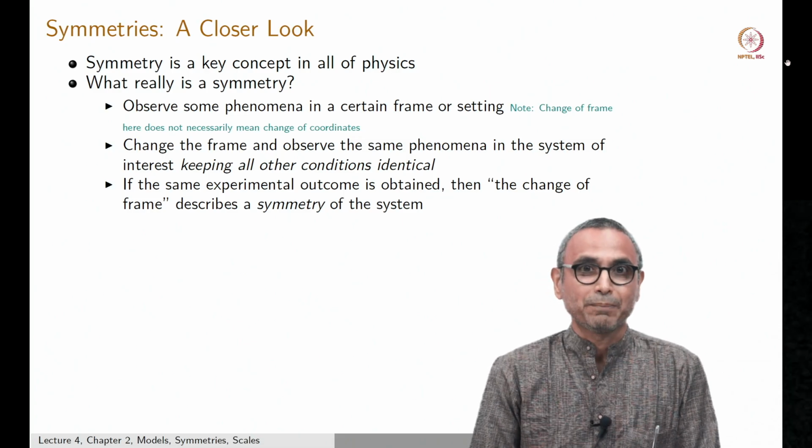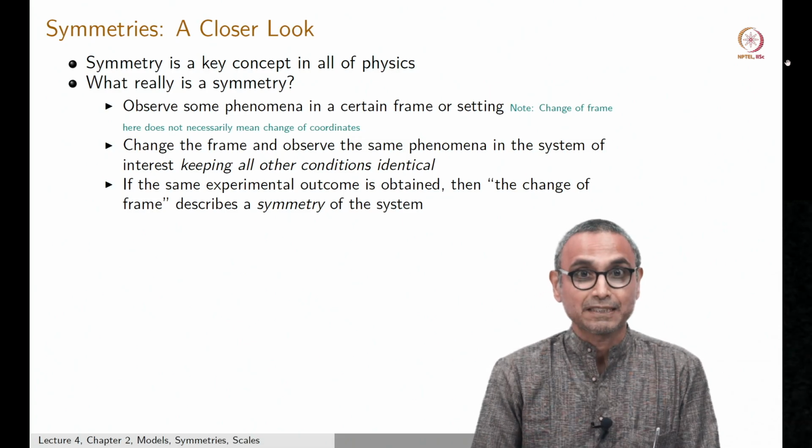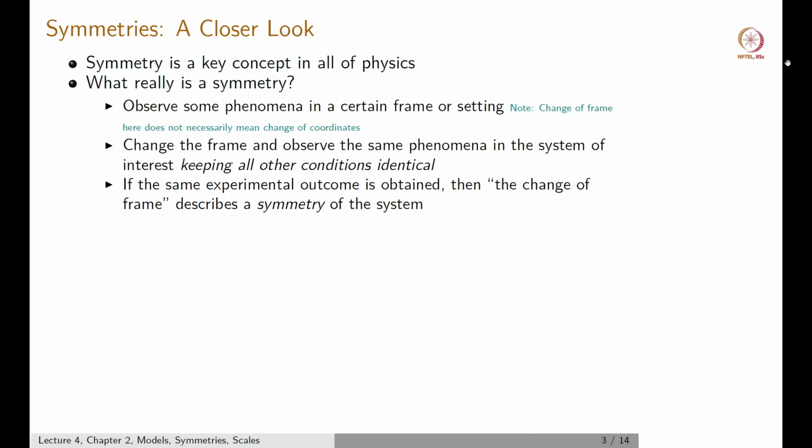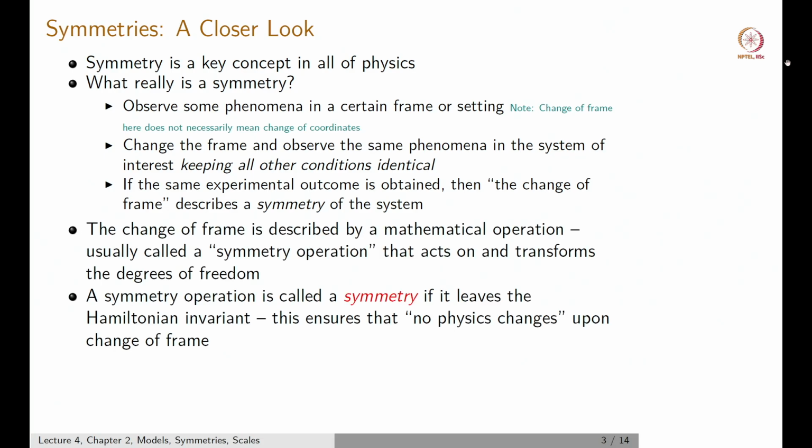While this may be very appealing from some physical perspective, it's important to also put some mathematical flesh onto this. So the question now is, how do we describe the change of frame? Usually this is called a symmetry operation, and what the symmetry operation does is it transforms your degrees of freedom in some way.